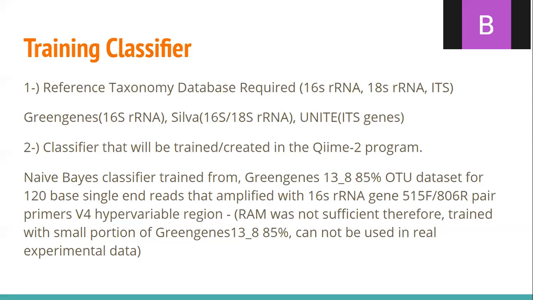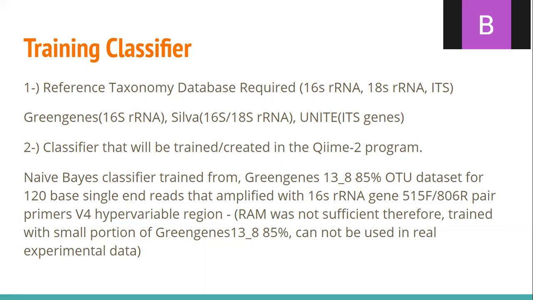How are we going to train a classifier if this is the most sensitive method? In order to do that, for a specific hypervariable region taxonomic assignment, we need the database taxonomic text file. We will refer to that and the primers for the region we're looking at.